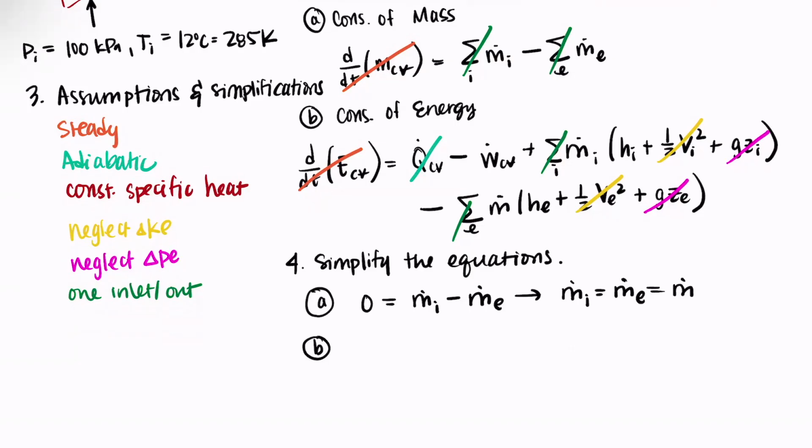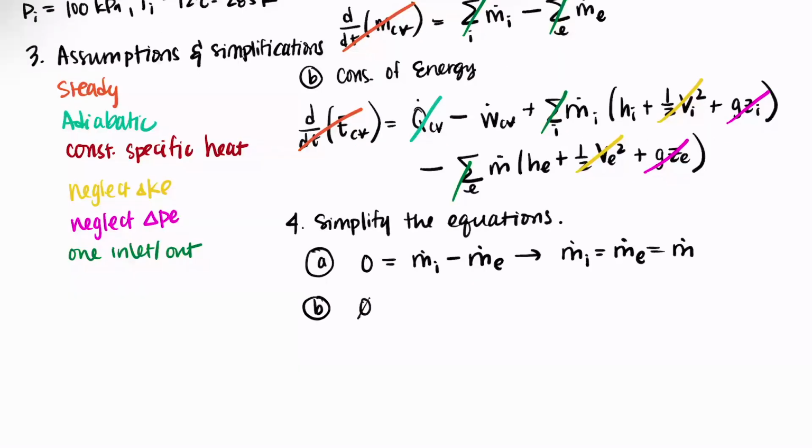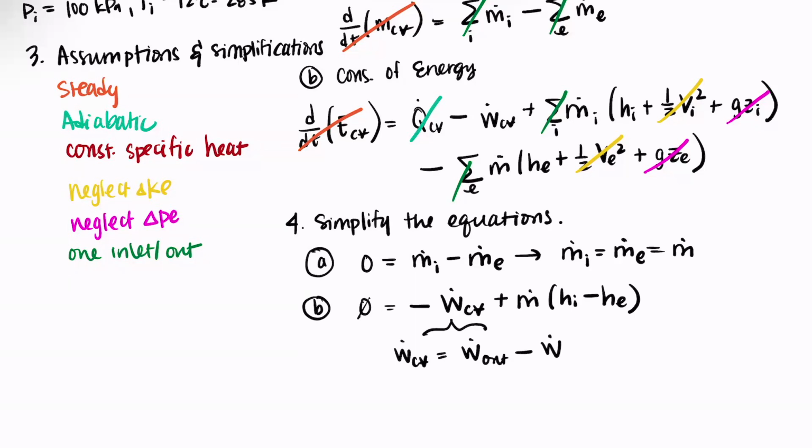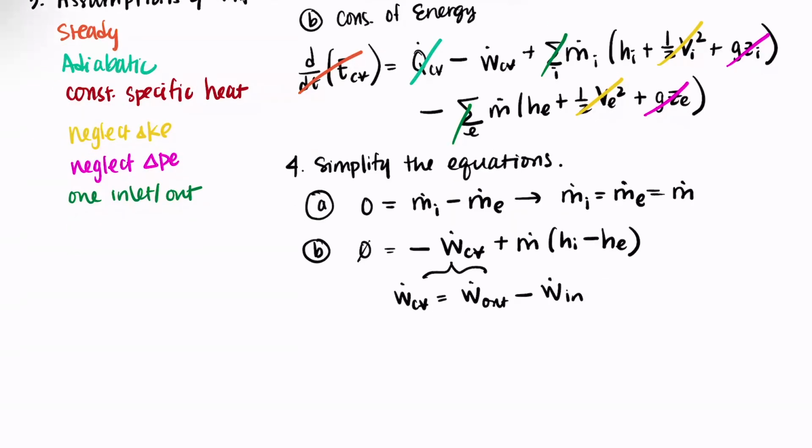And then conservation of energy becomes zero is equal to minus W dot of the control volume plus m dot times (h_i minus h_e). If you remember, W dot of the control volume is equal to W dot out minus W dot in. We don't have anything coming out, just going in.